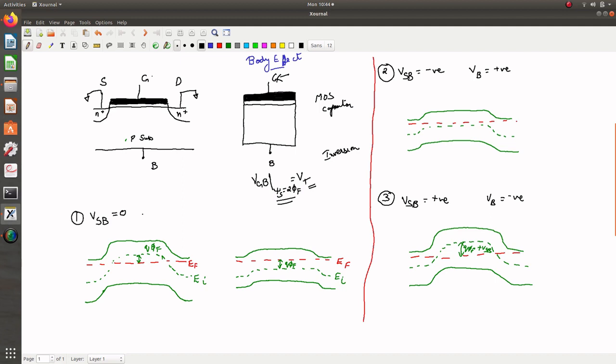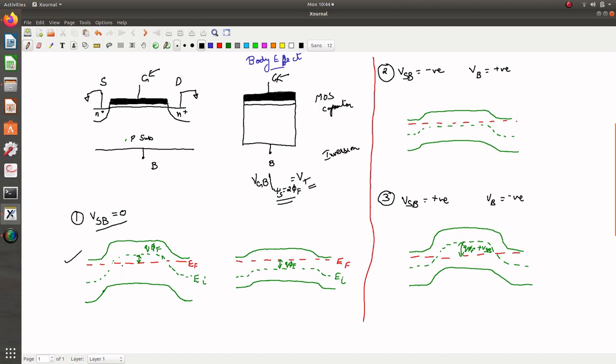Now let us consider the first case where VSB is equal to 0. Here you are not applying any voltage. At equilibrium condition, which means before applying any gate voltage, the band diagram will be of this fashion.